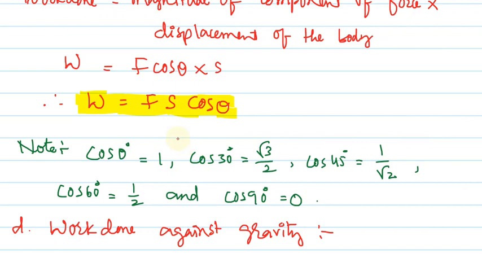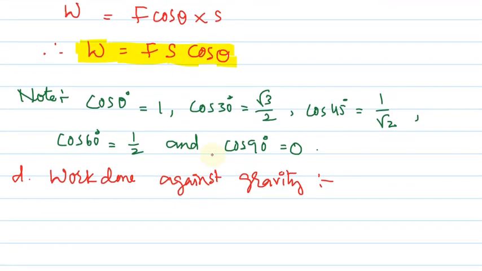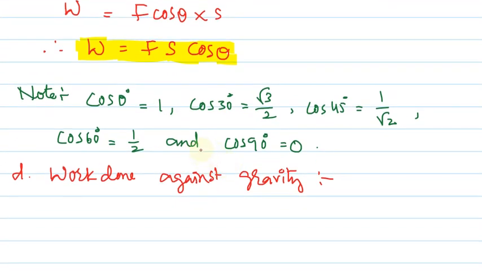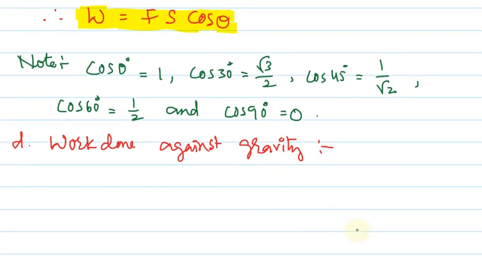Therefore, the amount of work done is equal to the product of the weight of the body and the vertical distance through which the body is lifted. Let us take an example here. This is an object which is over a surface. This is the surface on which this body is placed, right? Now this body is lifted to a height h. This is the height h to which this body is lifted when it is placed over the surface, right?